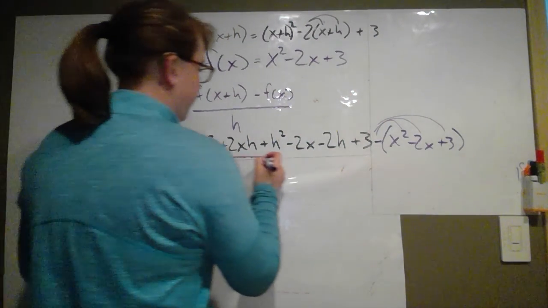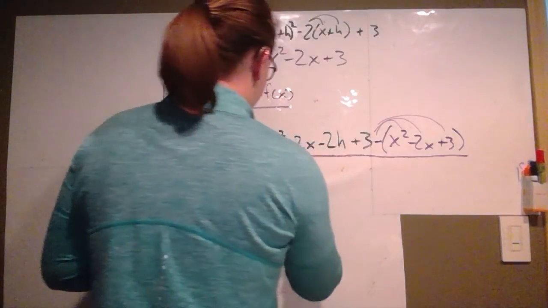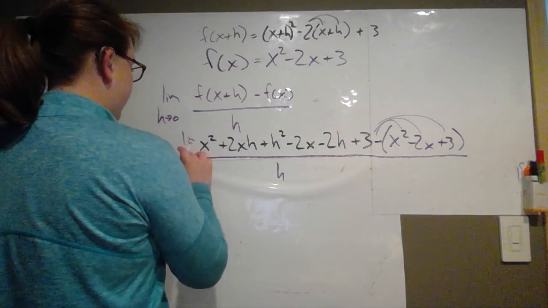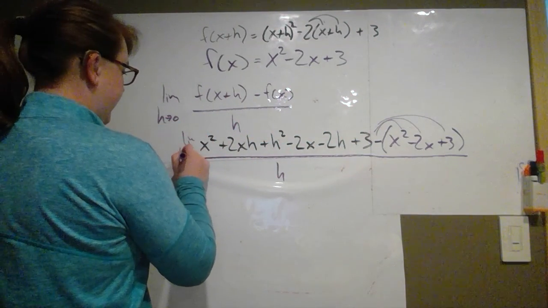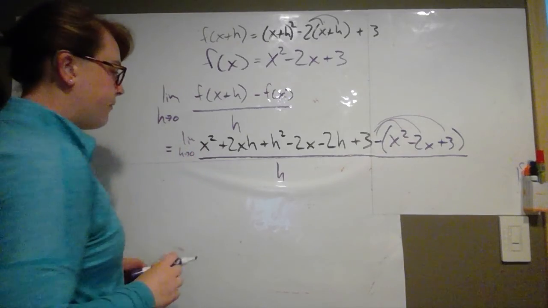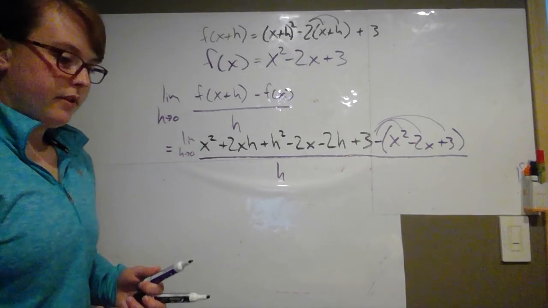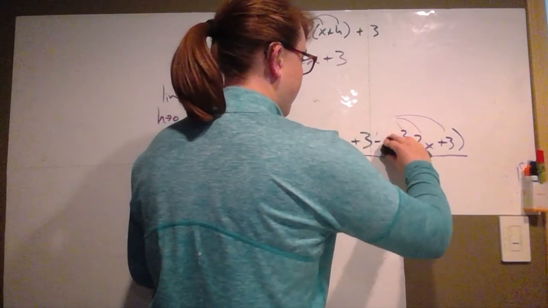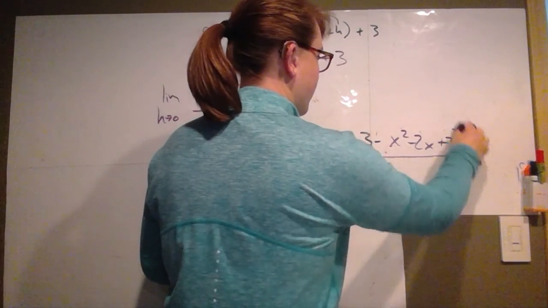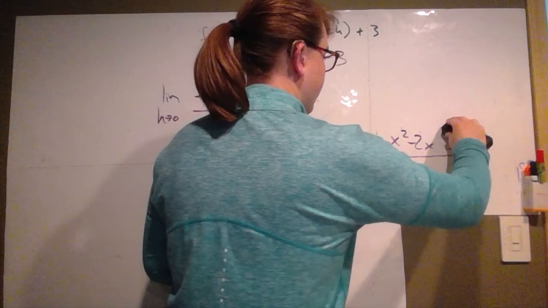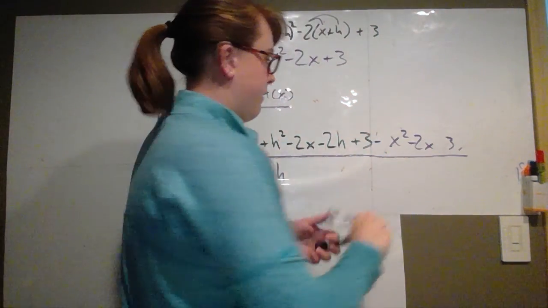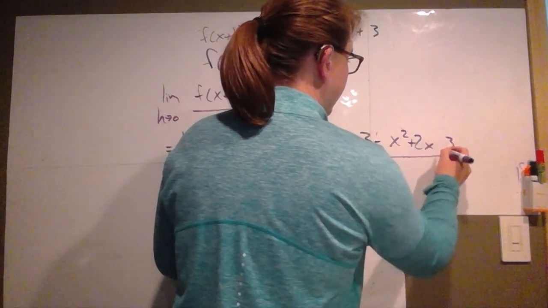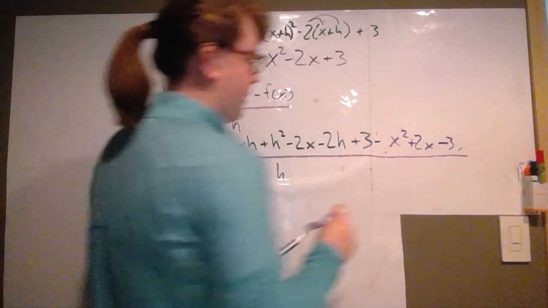And then it's all over h, and it's the limit as h goes to 0. Okay, so now I'm going to go ahead and distribute the negative through here. So we end up with minus x squared plus 2x minus 3.